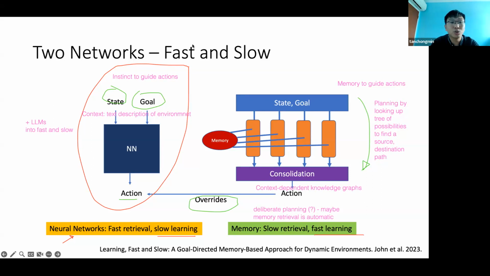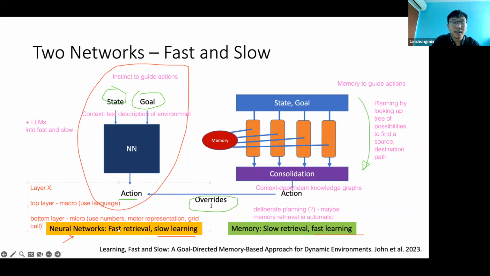Yeah. So I can envisage this fast and slow to have multiple layers. This is a bit more complicated, but thanks for asking. So you can have multiple layers of fast and slow. The top layer is the macro, using language, and then maybe the bottom layer is micro, using numbers or motor representation, grid cell.